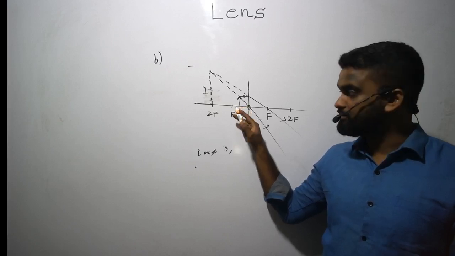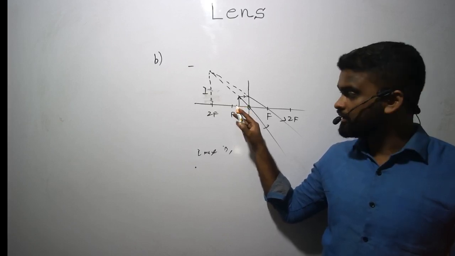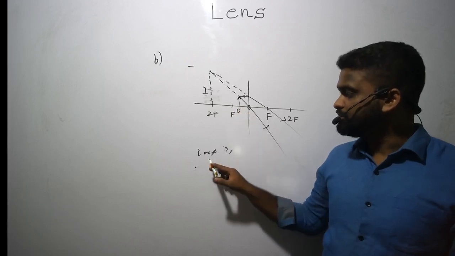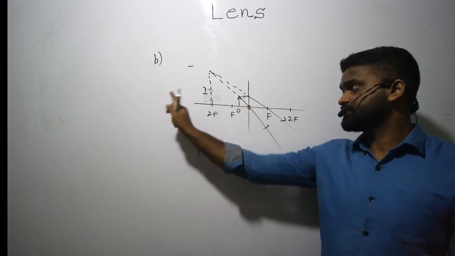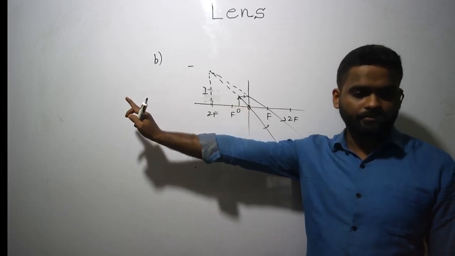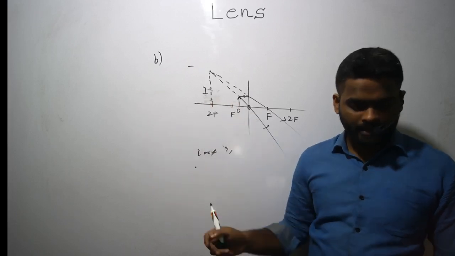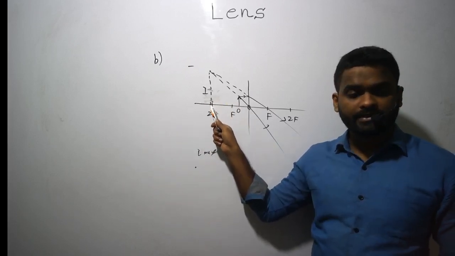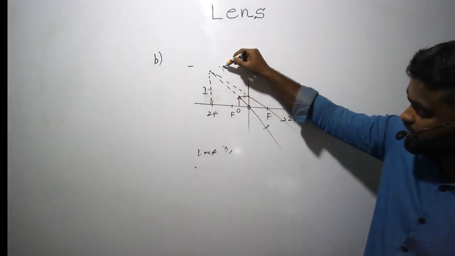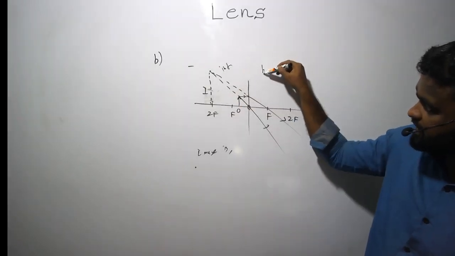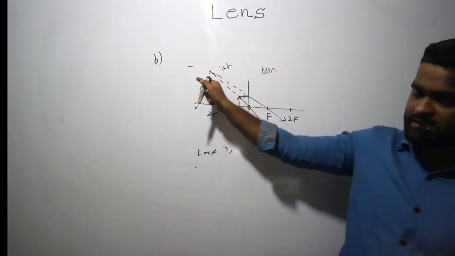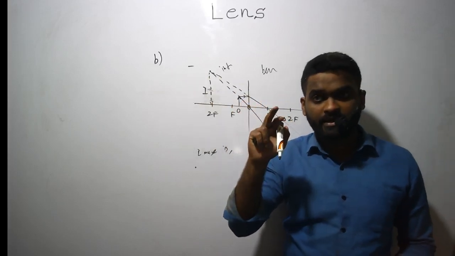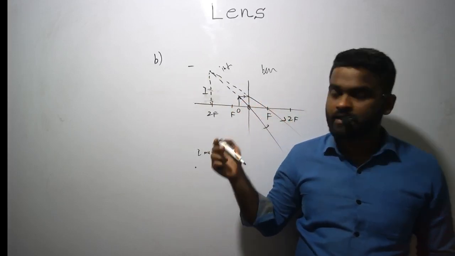A virtual image can be made here as well. So we say the image is formed beyond object. It is always beyond object, right? And this side we call in front of the lens. This is what we call in front, right? This is behind. So you need to understand those words when you're doing questions.